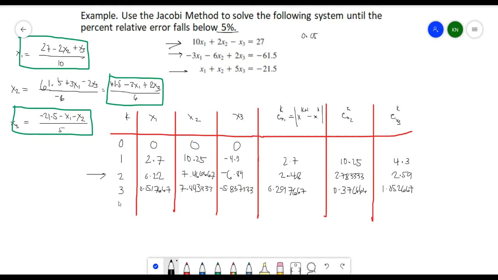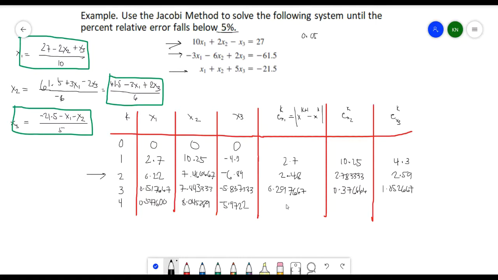So we need to continue the iteration to the fourth iteration. So we have 0.5476. We also have 8.045389 and negative 5.9722.